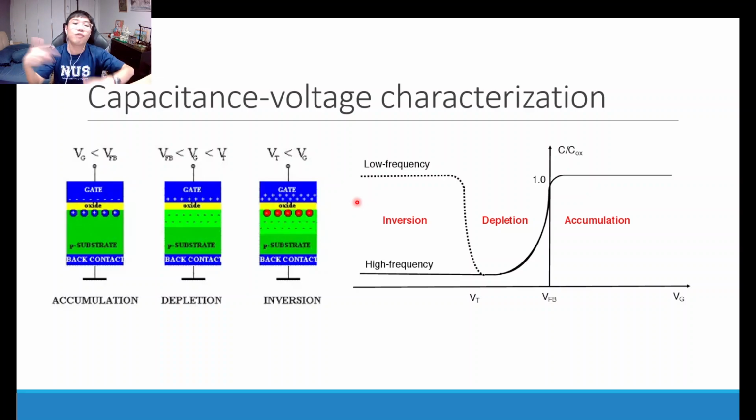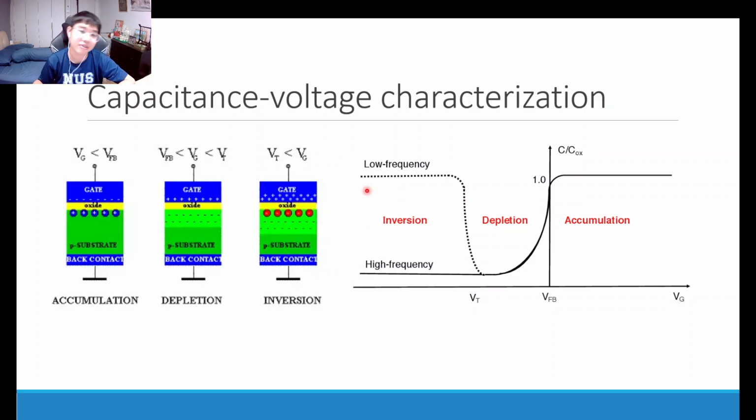At high frequency AC modulation, we can think of the depletion layer as no longer growing in thickness. However, the depletion layer is still seen by the AC modulation, and so therefore we see that the capacitance of the entire stack plateaus at a constant level.